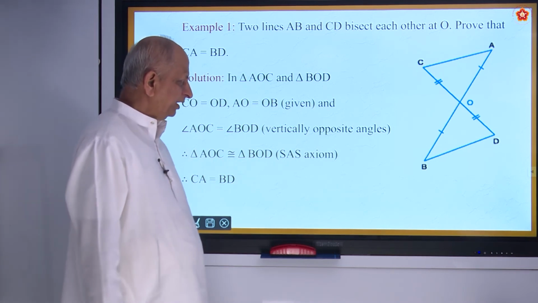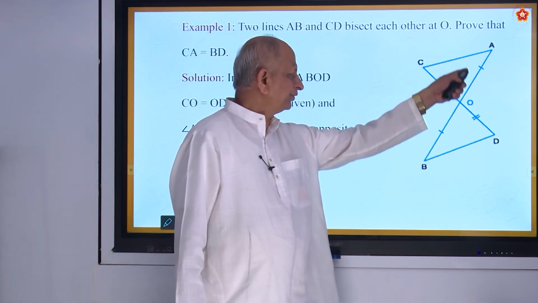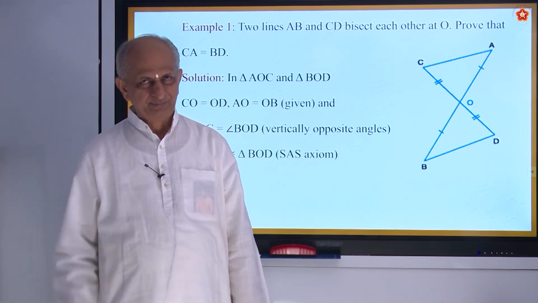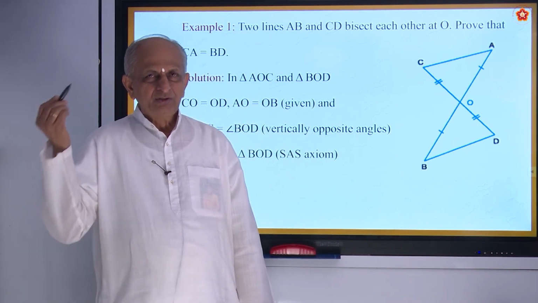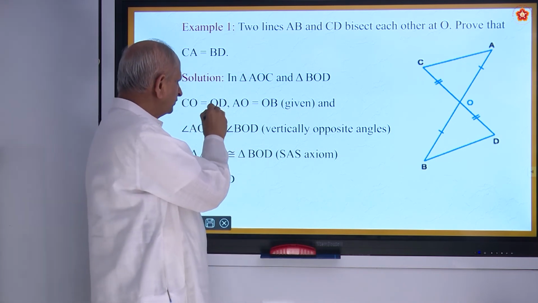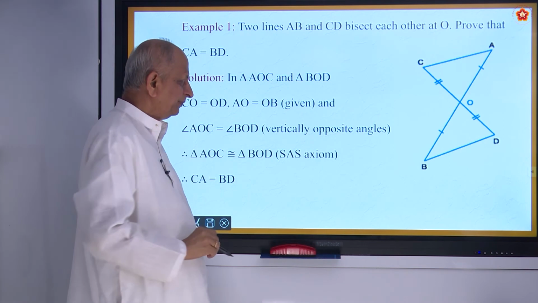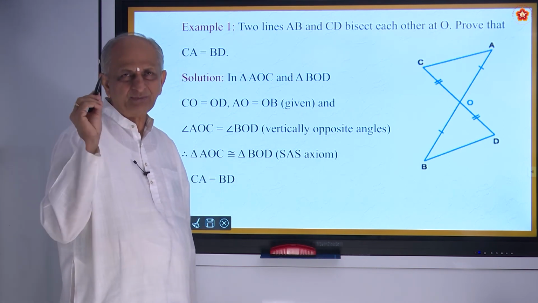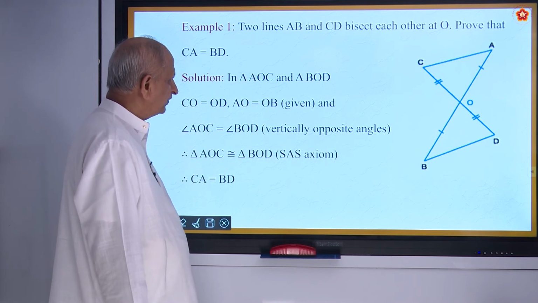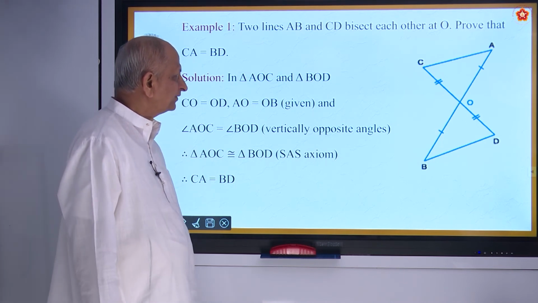Because if you cut this triangle AOC and keep it on BOD, they will be identically equal. So when two sides and one angle are equal, the other angles and sides also must be equal. That is what is understood in the case of congruency of triangles.